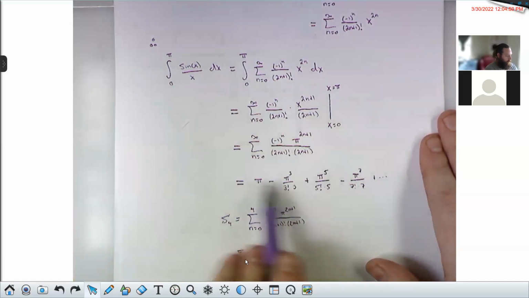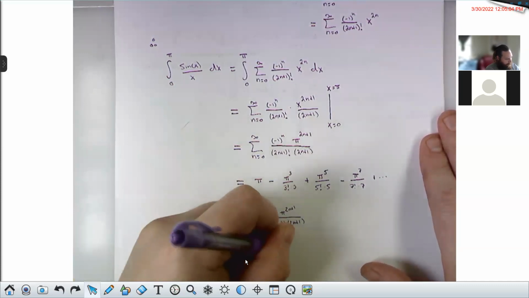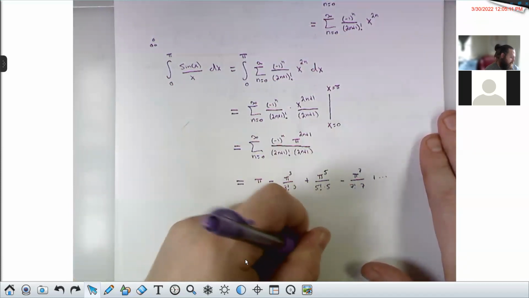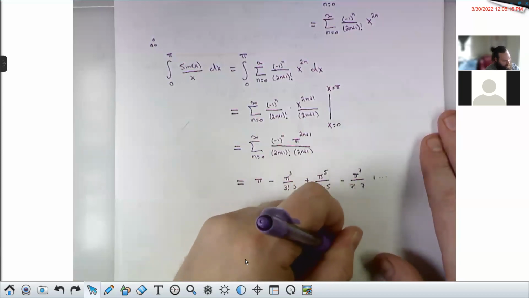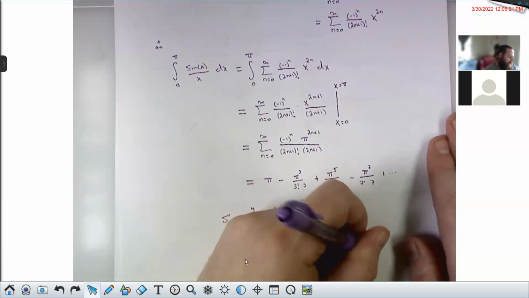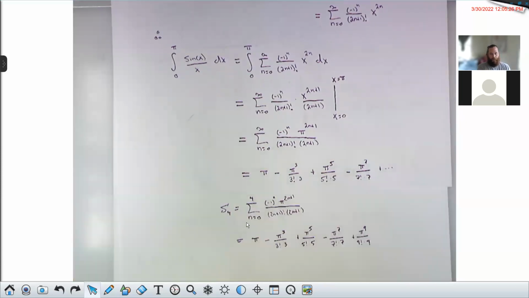Which is just like this is 0, 1, 2, 3. So we need one more term. That next term is pi to the 9 over 9 factorial times 9. So this finite sum will have an error less than 0.001.